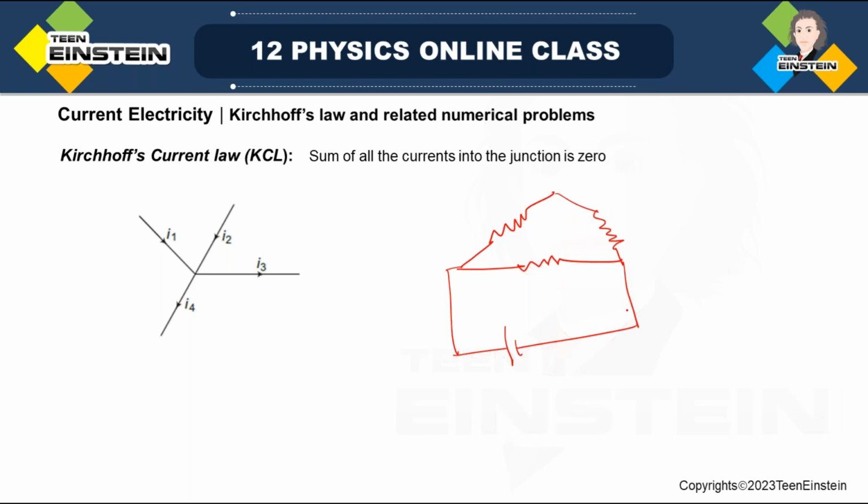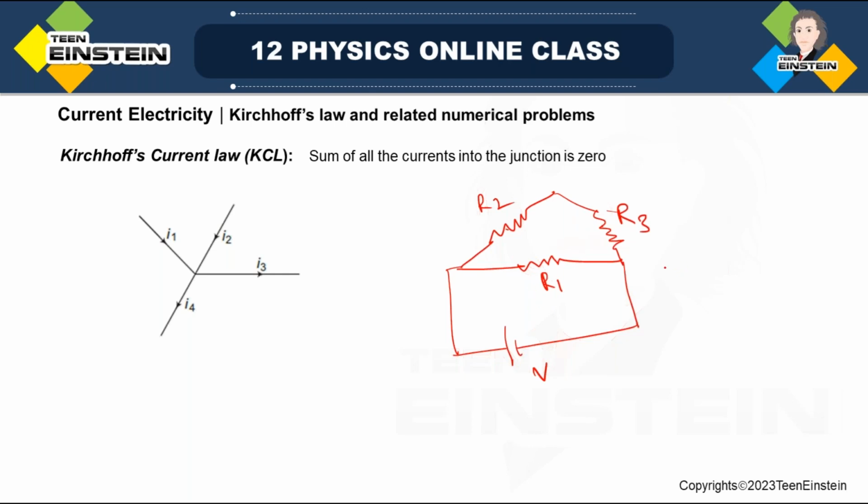What will be the current through the circuit or through some particular resistance? This we can do using Ohm's law, right? If this is R1, this is R2, and this is R3, these two are in series, which is parallel to R1. So I can find out current according to that.